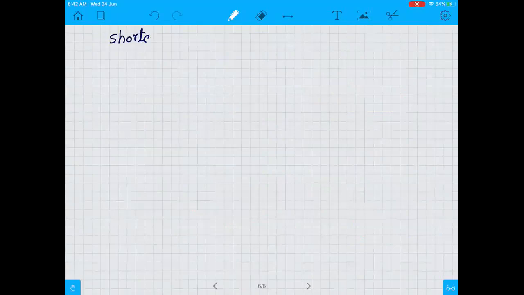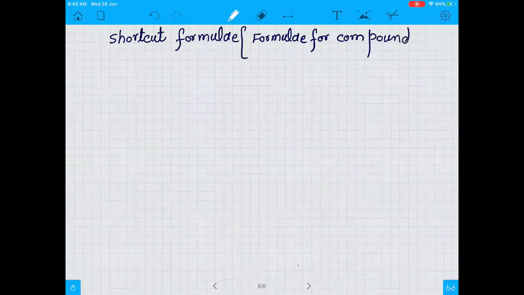However, in your syllabus, these formulae are called formulae for compounding uncertainties. So shortcut formulae are also called formulae for compounding uncertainties.